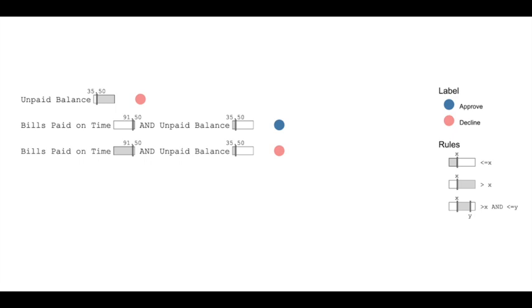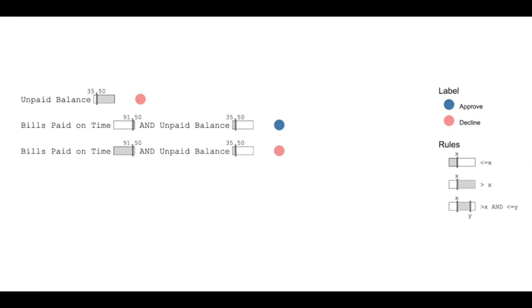One way to describe this process is through the use of a set of rules. Using the credit card application example again, the way the machine learning model makes decisions can be described by the set of rules that you can see here. We have 3 rules in this diagram.